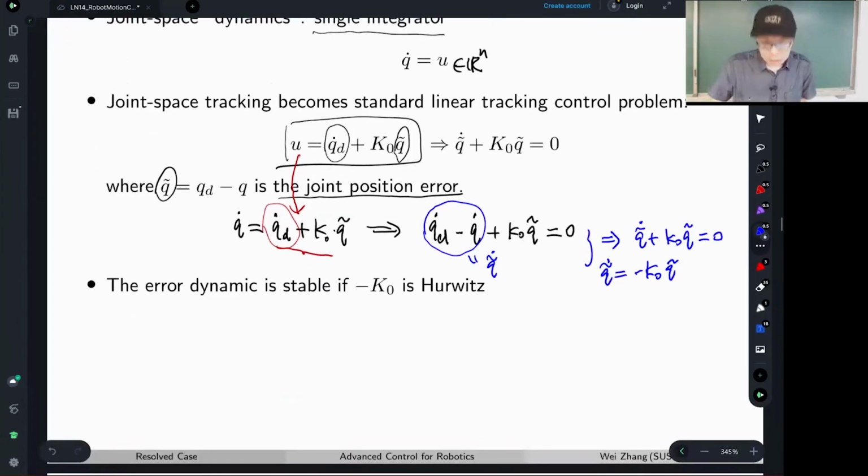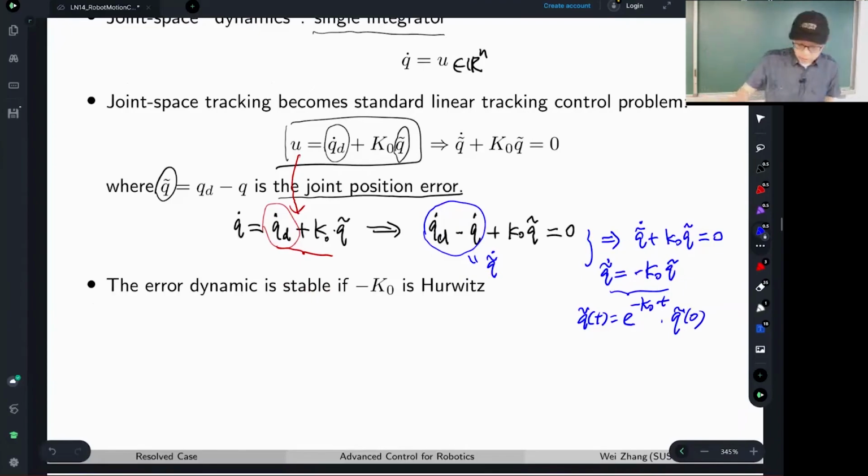What's the solution of this, Yinghan? E to the negative K0 times T times Q tilde initial, the initial error, right? What we want is Q tilde to converge to 0, stabilization.